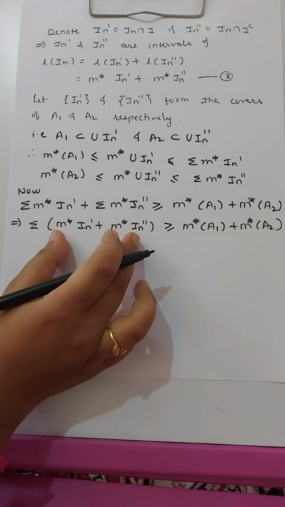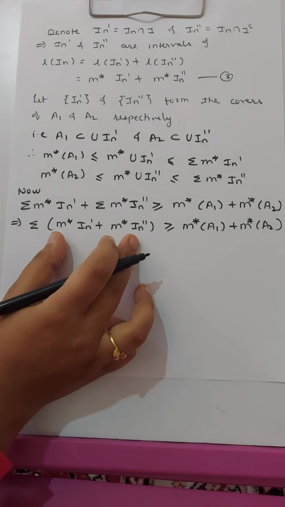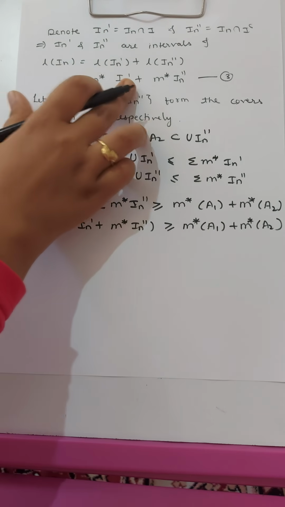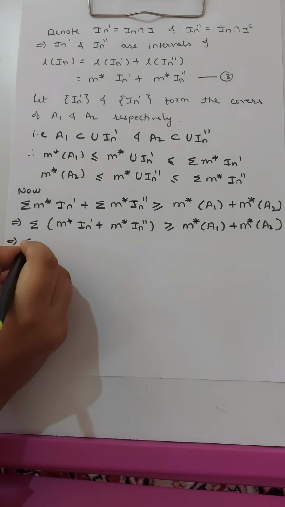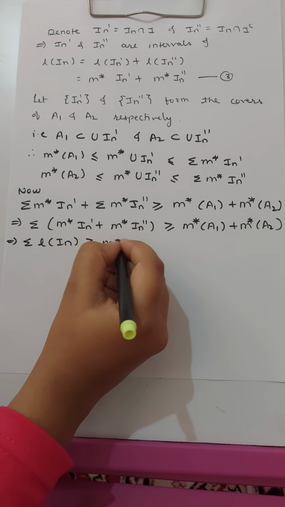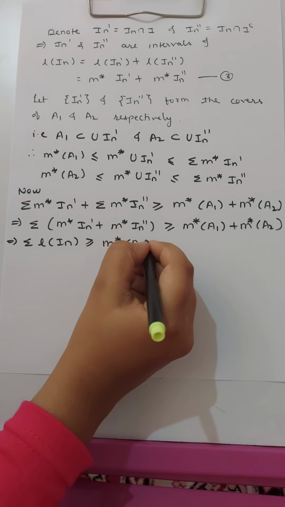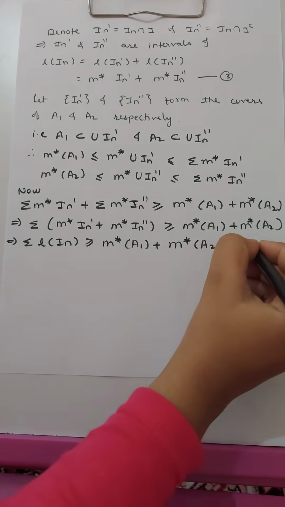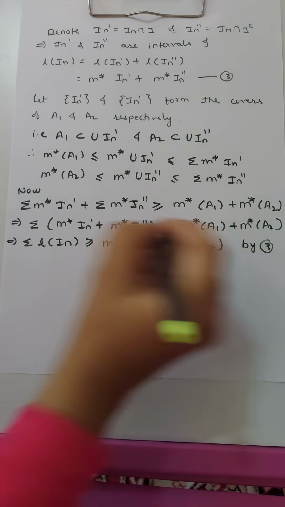Now this summation of outer measure of In dash plus outer measure of In double dash is equal to length of In from third. So summation length of In is greater than or equal to outer measure of A1 plus outer measure of A2 by third.